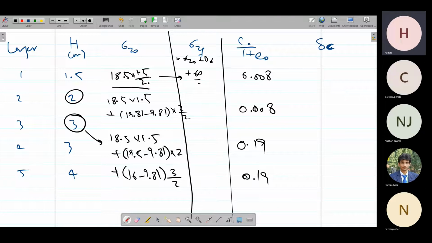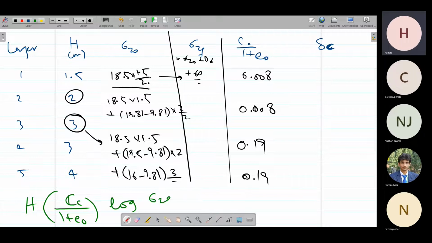The formula for consolidation was H times Cc over 1 plus e naught times log of sigma zf divided by sigma z naught. H is this first column.